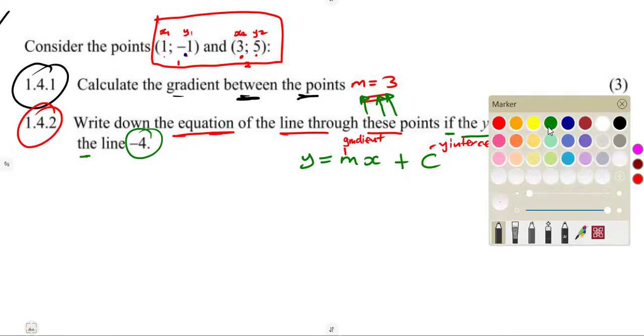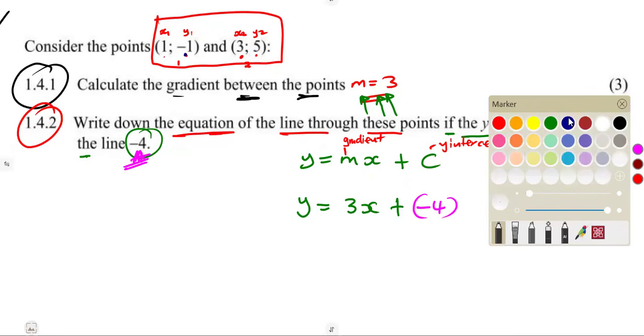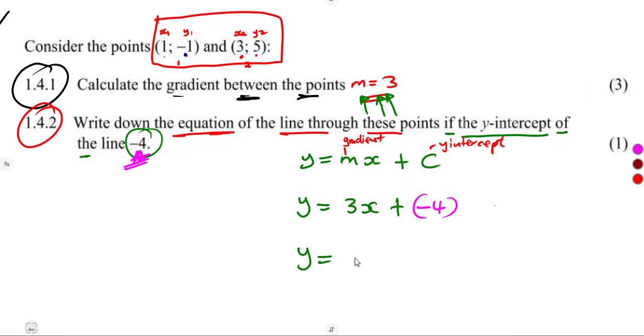So we can simply substitute what we are given. Y is equal to 3, the gradient we calculated before, x as it is, plus the y-intercept, which is -4. Remember, plus and minus is going to give us a minus. So 3x minus 4. That was going to be the equation of the line.